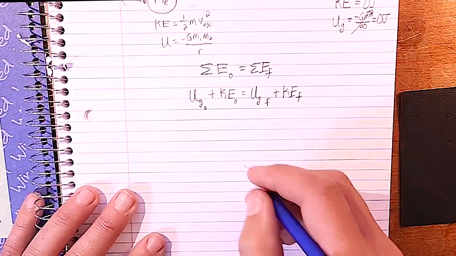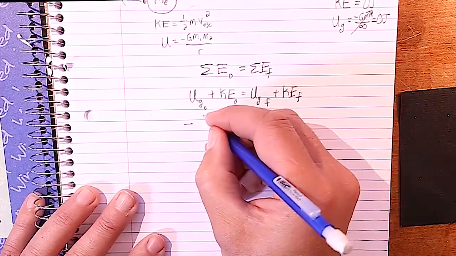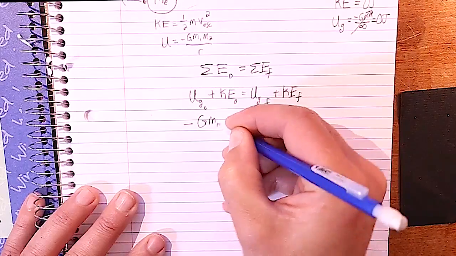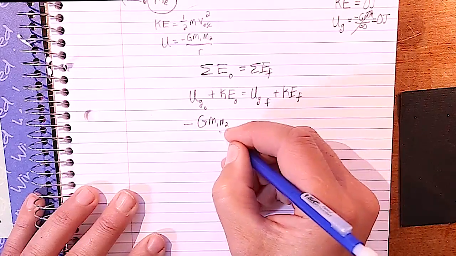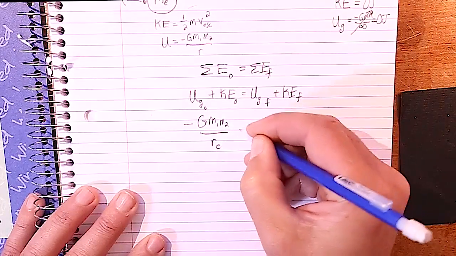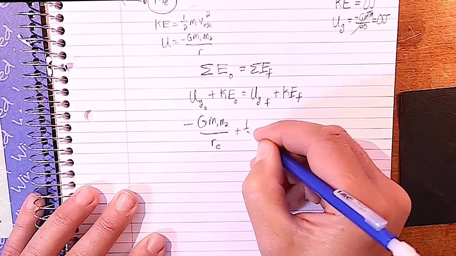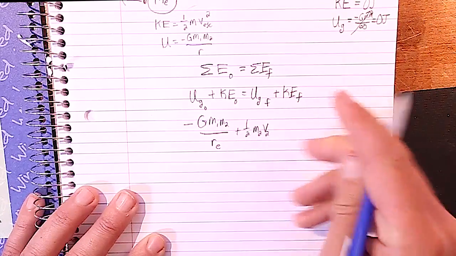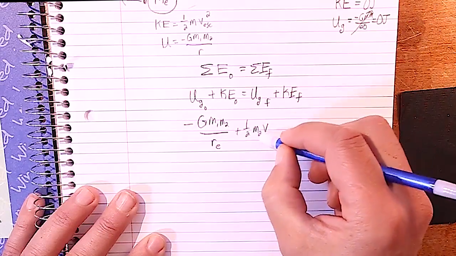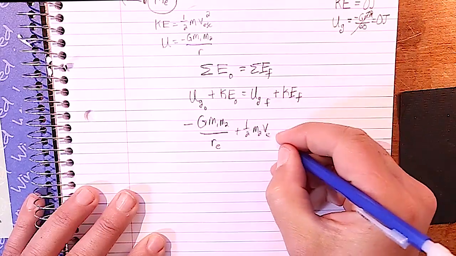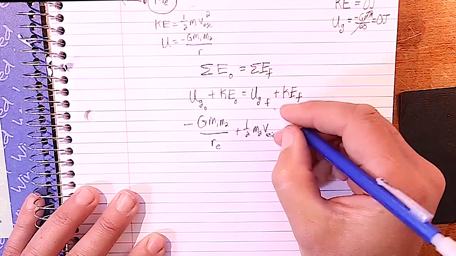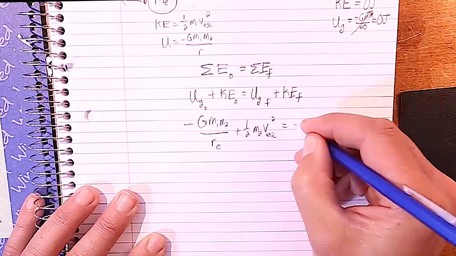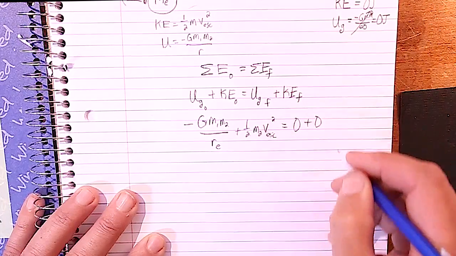So that gives us negative G m1 m2 over r of the Earth plus 1/2 m2 v2, which actually, rather than call that v2, let's call that v escape, squared is equal to 0 plus 0.